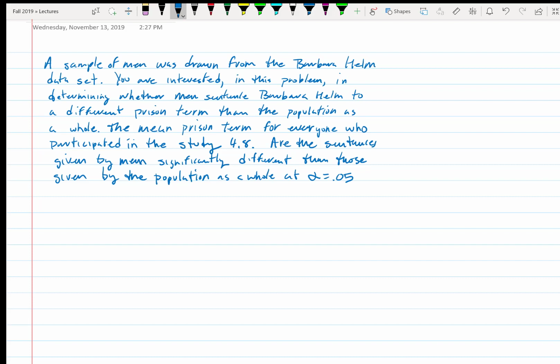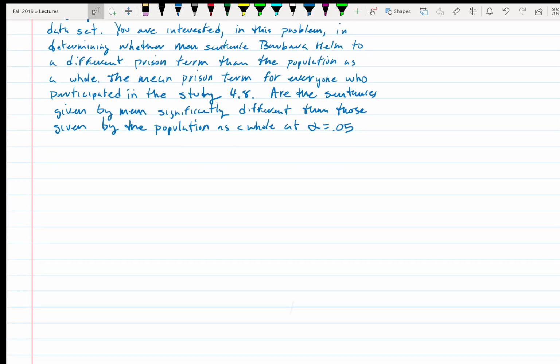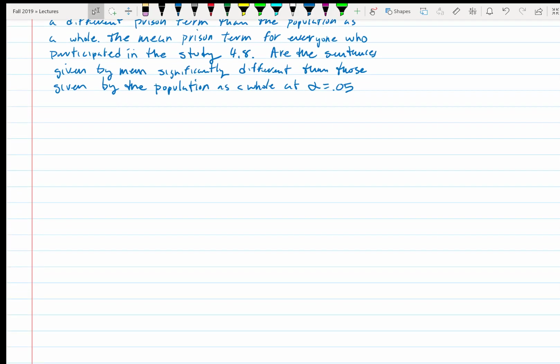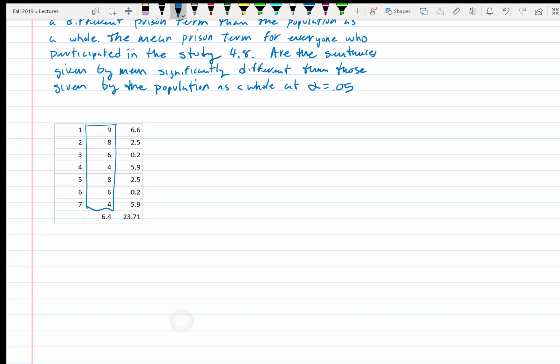Are the sentences given by men significantly different than those given by the population as a whole at alpha equals 0.05? Okay, so I drew a sample of prison sentences for men. Those prison sentences are given in this column over here. And you can see down here is the mean sentence that men gave.